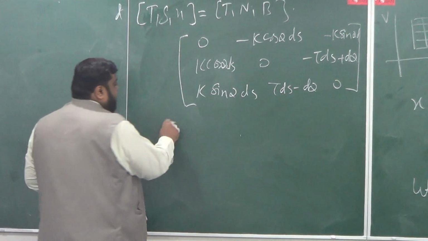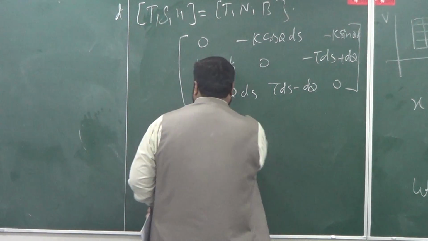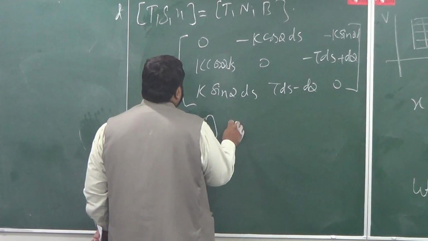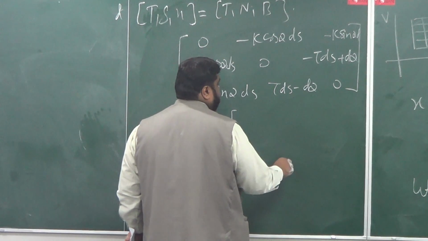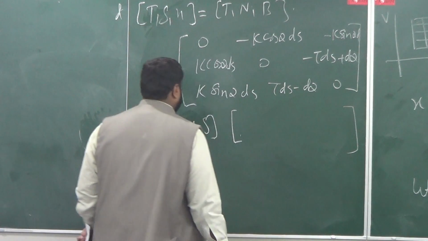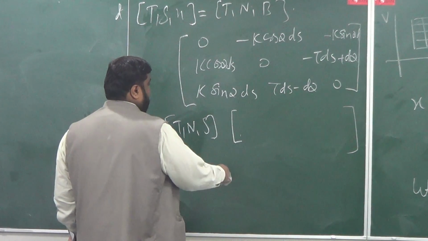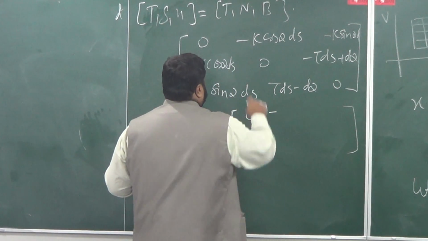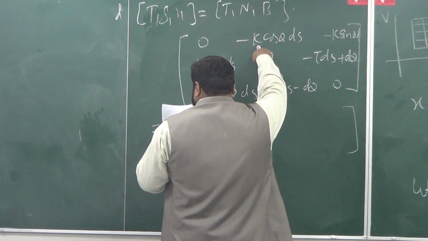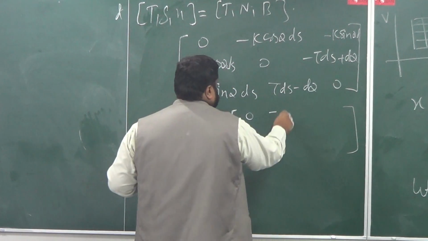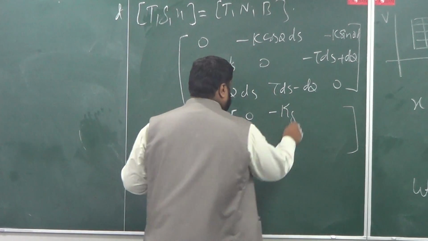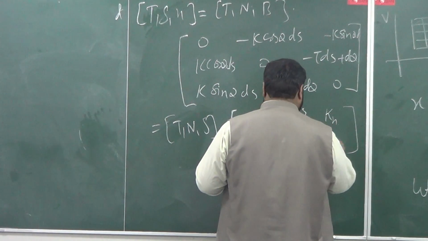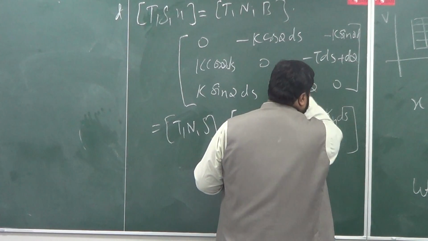Okay? I can write this same matrix in another way with a bit of new notation. What if I denote this k cos theta by a quantity kg, which I'm going to talk about soon, and k sin theta by kappa n, everywhere.